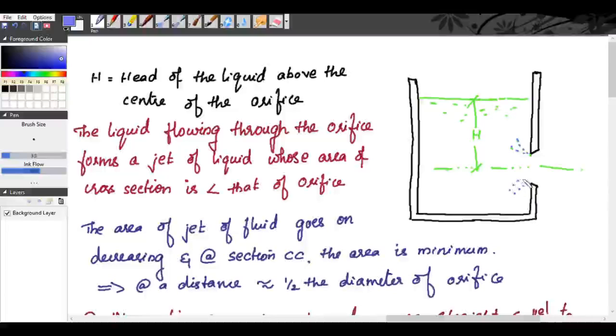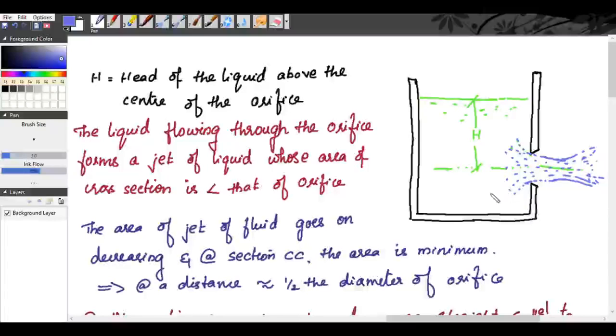From this, water will be rushing like this, forms a jet, and after this it gets spread. It is in this way that your water will be pushed out.